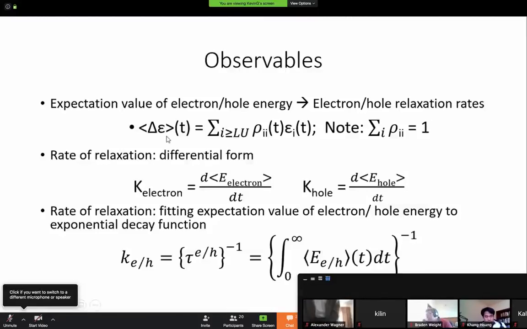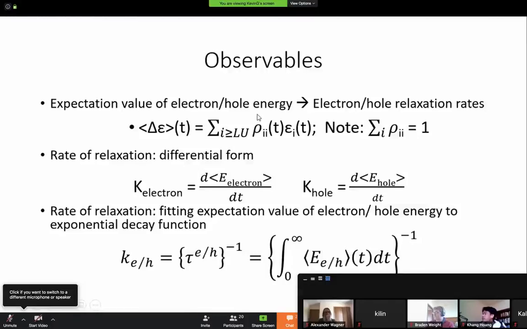So to find out how both of my energy expectation values are changing with time, I multiply the charge density associated with each orbital by each orbital's energy, and then I'm adding it across each orbital right here.